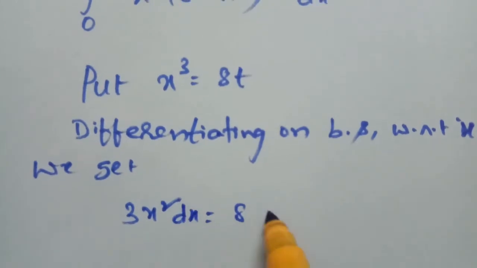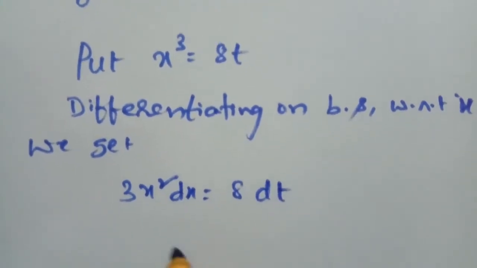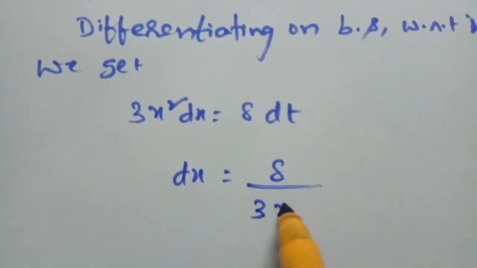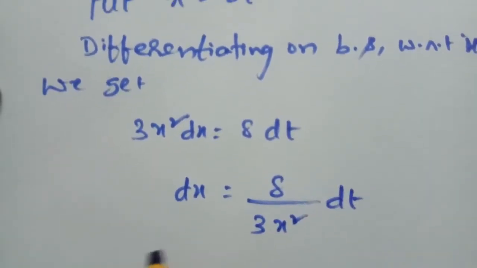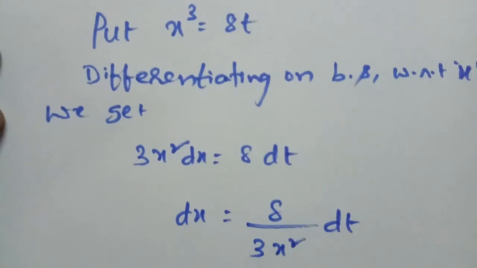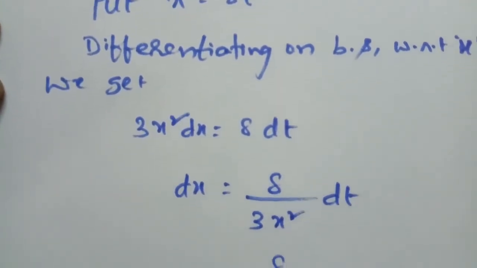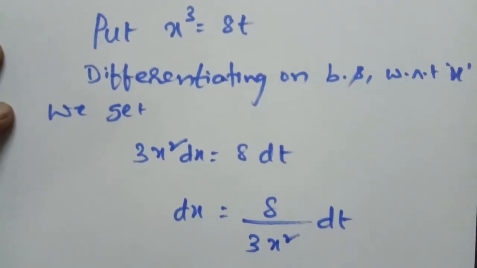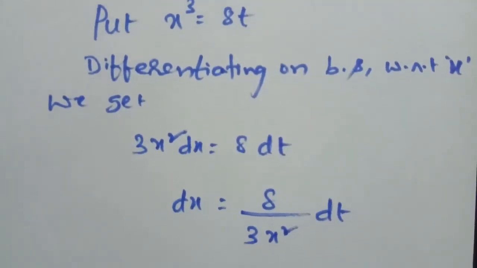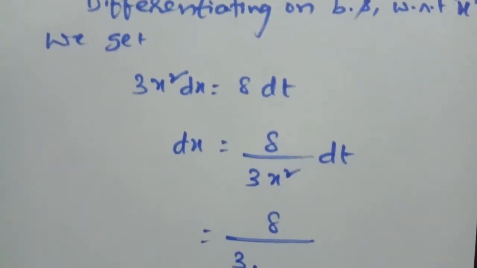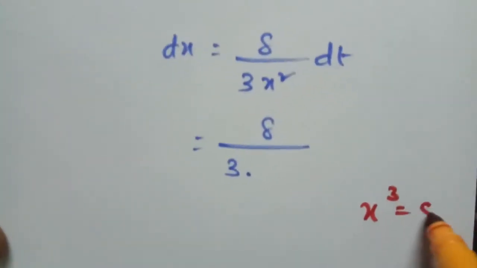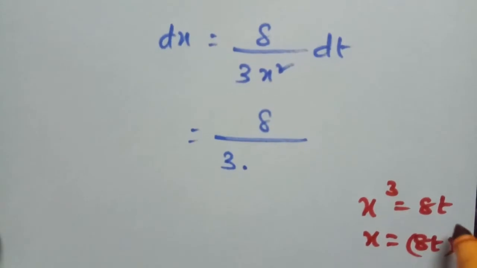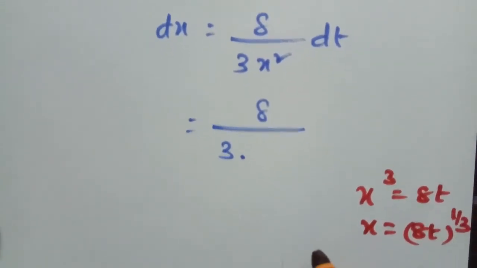By cross multiplication, dx is equal to 8 by 3x square into dt. So x cube is equal to 8t. Therefore x is equal to 8t whole to the power of 1 by 3.